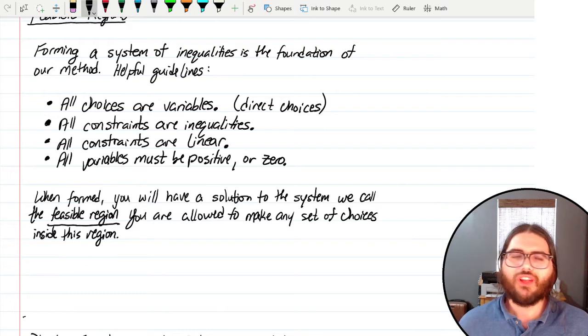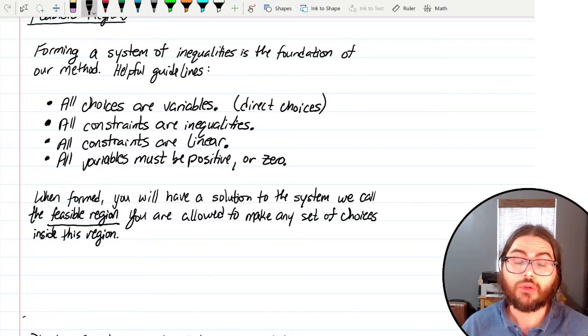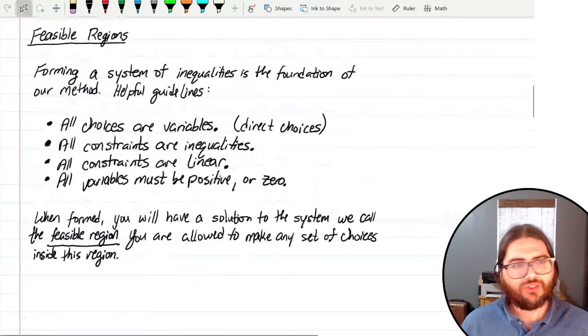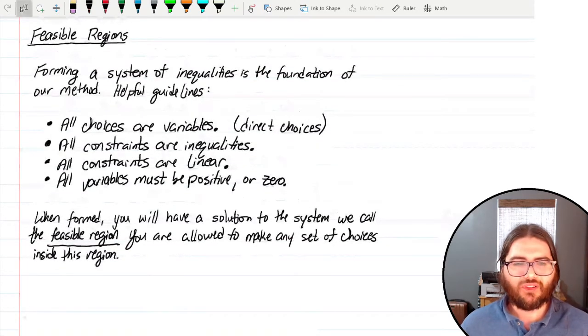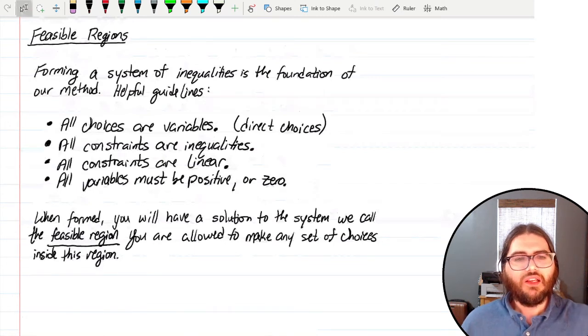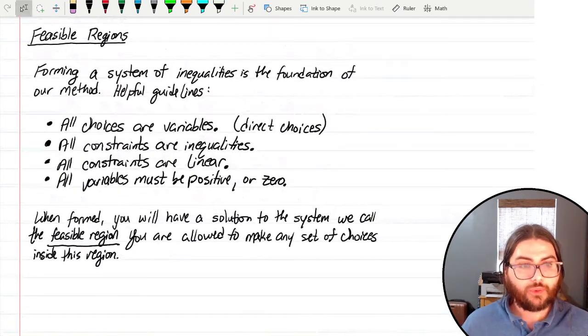So those guidelines help me make systems of inequalities out of word problems. Because that's often going to be the hardest part of this process, we're going to need to be doing this quite a bit, and so I like to keep these things in my back pocket. Once we have our inequalities formed, we call that solution the feasible region, just like we did earlier.